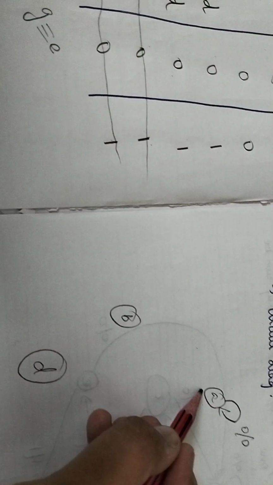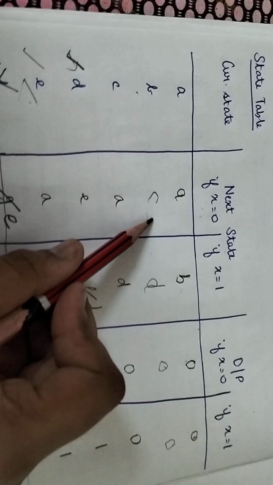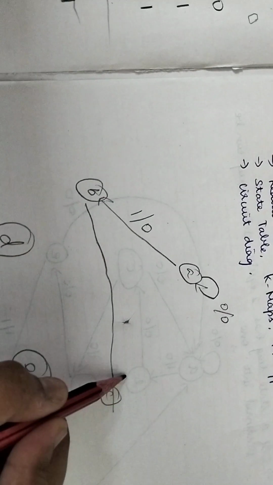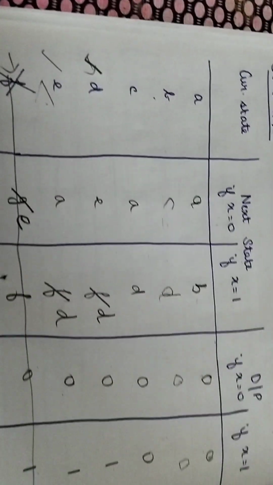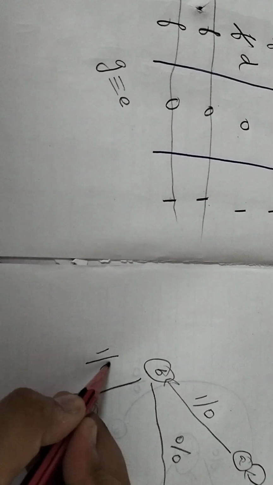So A to B, input 1, output 0. B, input 0 goes to C, output 0. B, input 1 goes to D, output 0.